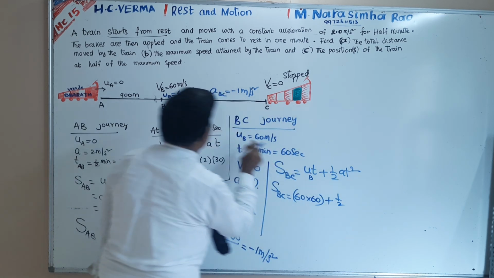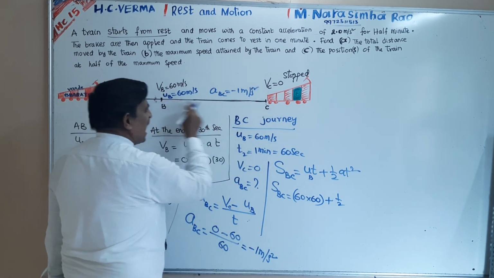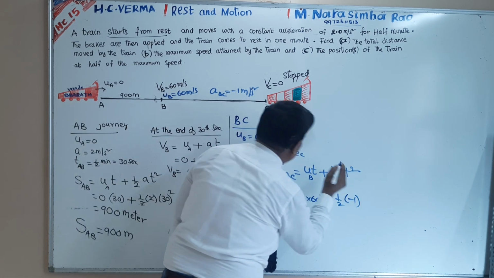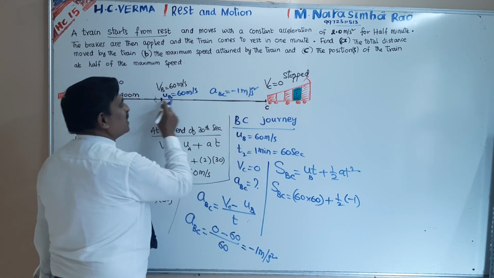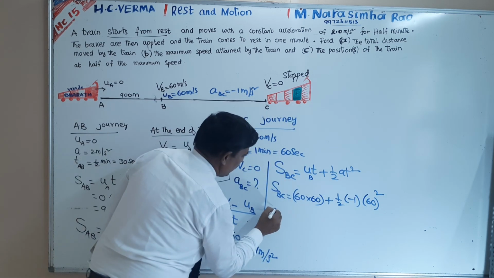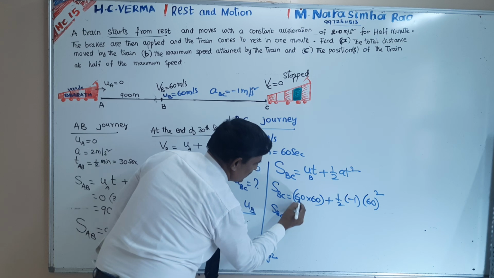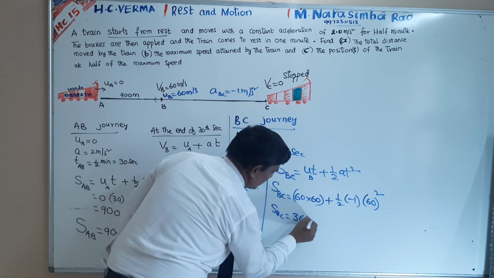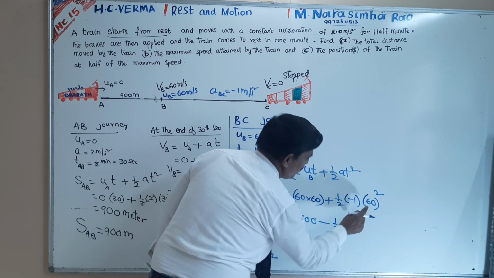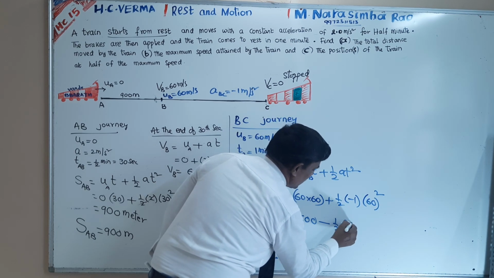Half, acceleration between B and C is minus 1. T, from B to C, time is 1 minute, 60 seconds. So BC is equal to 60 into 60, 3600, plus half into minus 1, into 60 square, 3600.